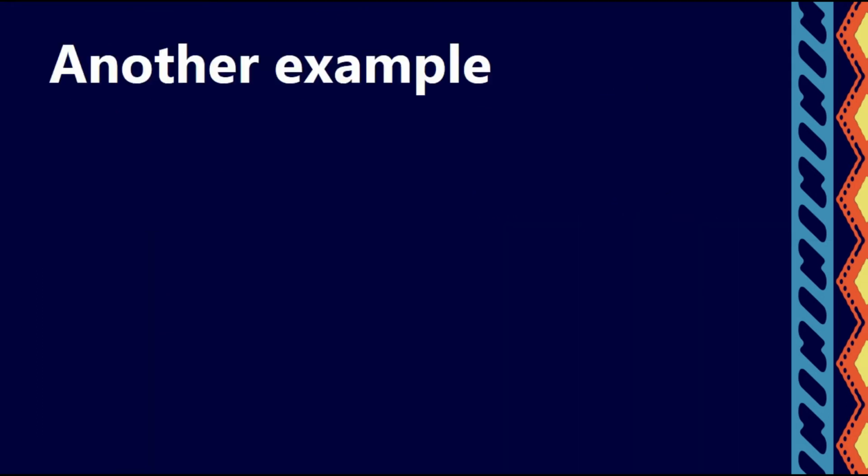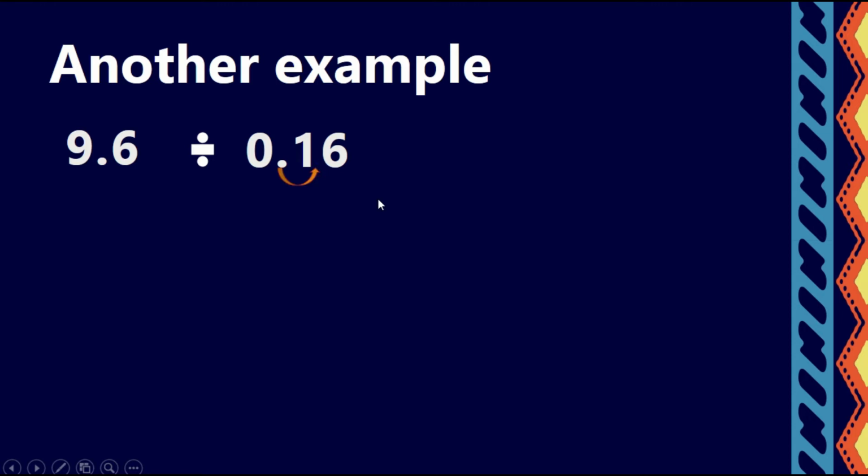Let's have another example. So we have 9.6 divided by 0.16. To start with, we're going to move the decimal point of the divisor. So we have 1, 2. To make it a whole number, you will move the decimal point twice.